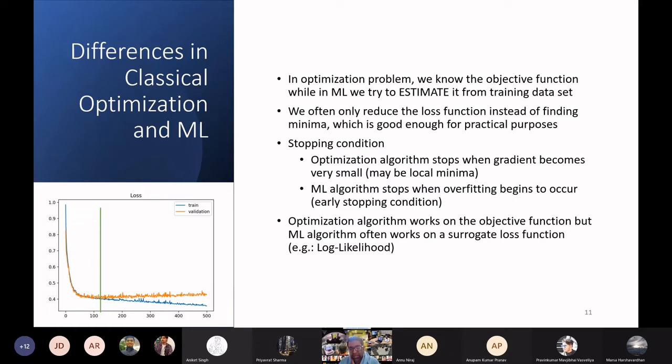And the machine learning algorithm will work on the surrogate loss function instead of the actual loss function. And many times it will give a better generalization. A better generalization means that it will generalize well for unknown data sets, beyond the training data set.